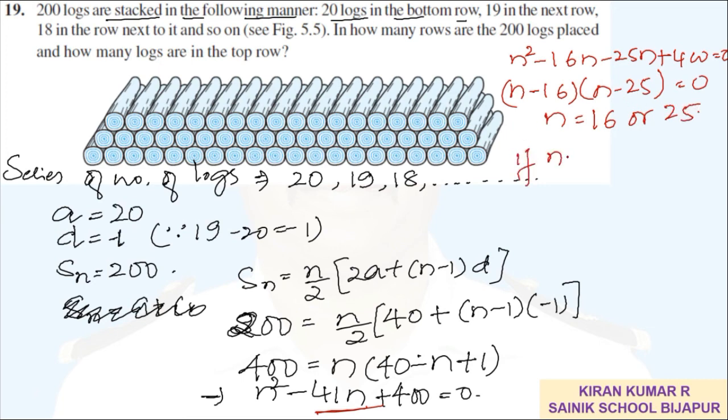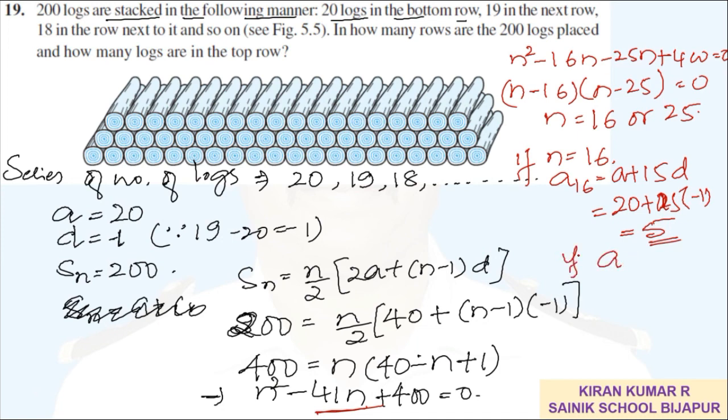If n value is taken 16, then a16 will be equal to a plus 15d. We get it as 20 plus 15 into -1, which is 5. If you consider n value as 25, a25 will be a plus 24d.